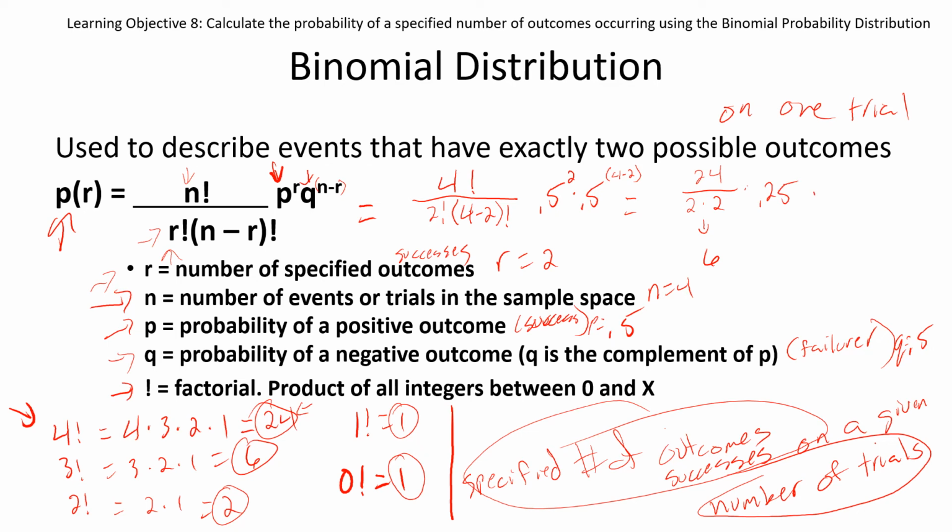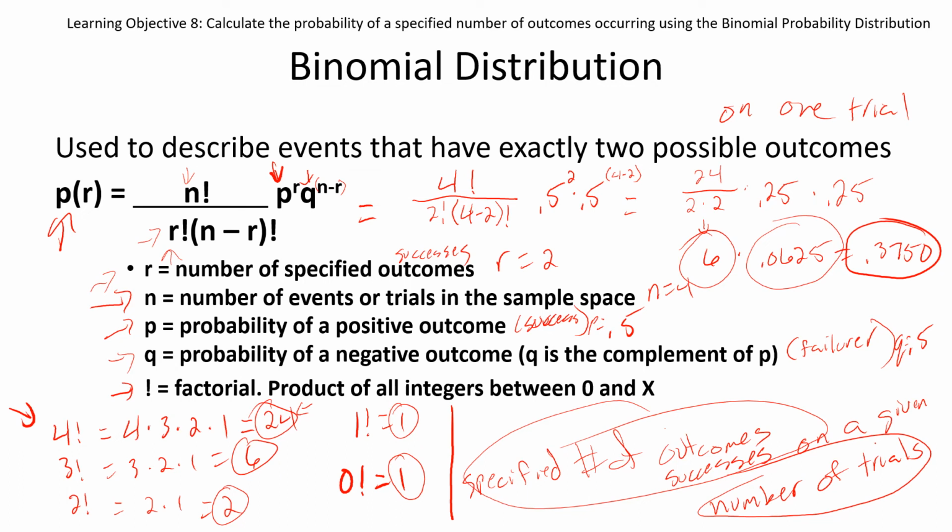And 0.5 to the 4 minus 2 power, again 0.5 squared, is 0.25. 0.25 times 0.25 is 0.0625. So it's 6 times 0.0625, which is equal to the exact same thing we got on the previous slide, which was 0.3750. Just like on the previous slide, there were 6 instances of probability 0.0625.